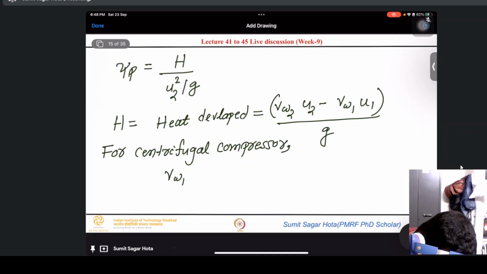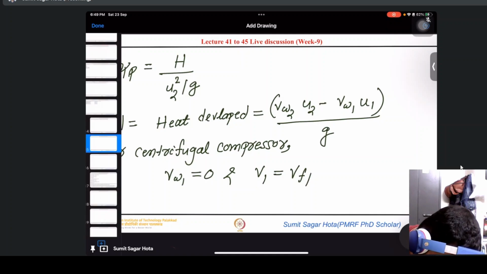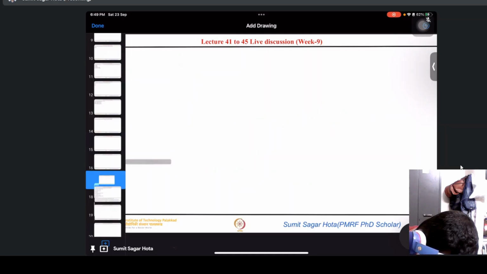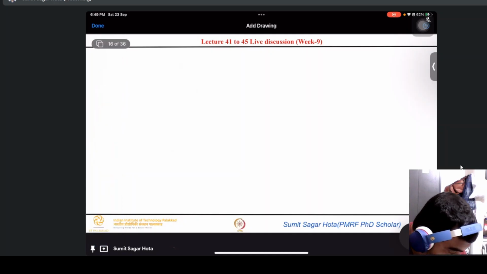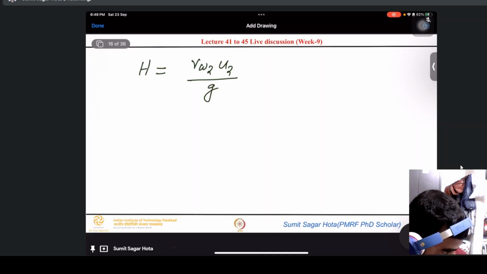V omega 1 is 0, and V1 is equal to Vf1. Now H will reduce to H equal to V omega 2 U2 divided by g.